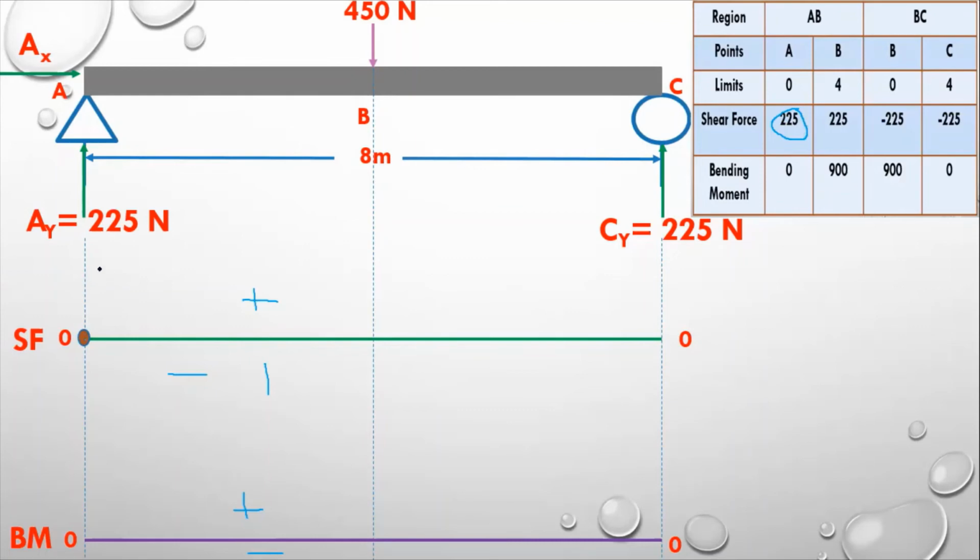Keep it in mind, I am just drawing an imaginary line, not measuring from the scale, but if you are taking 450 Newton, it should look like the higher value, and 225 Newton should be the lower value. So how can we do that? First value is 225, so I will go from this line and mark this point here. This point is coming over here, this will be 225 Newton, the first value.